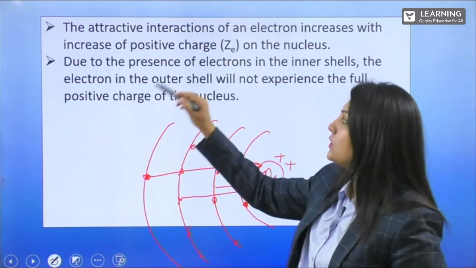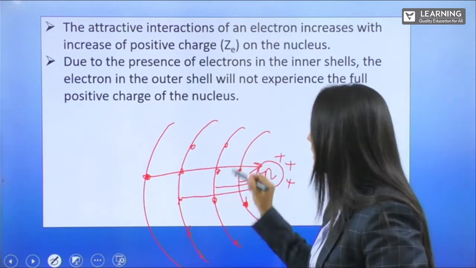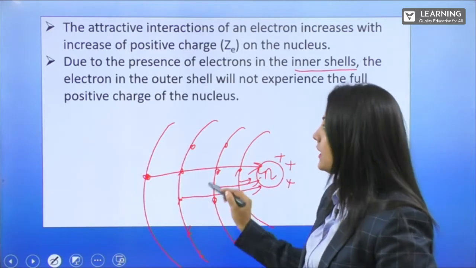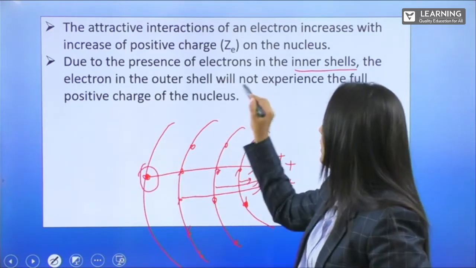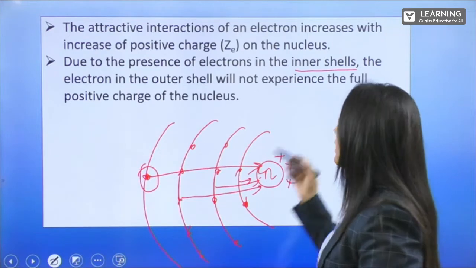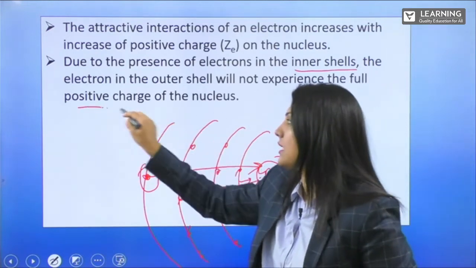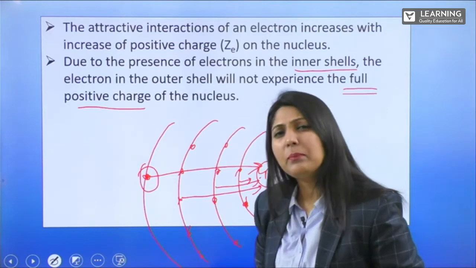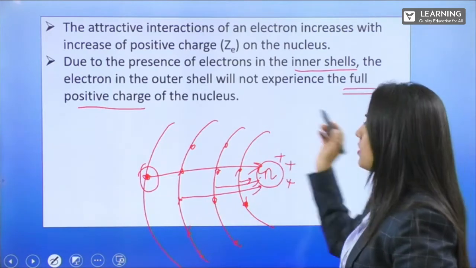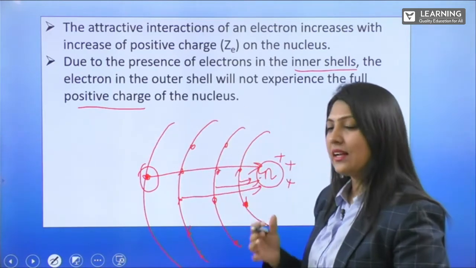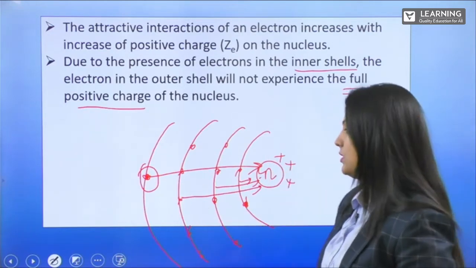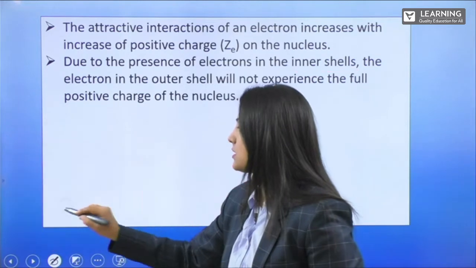Understood? Due to the presence of the electrons in the inner shells, the electron in the outer shell will not experience the full positive charge. That is important. It cannot experience the complete positive attraction from the nucleus. Understood? And what is this called?